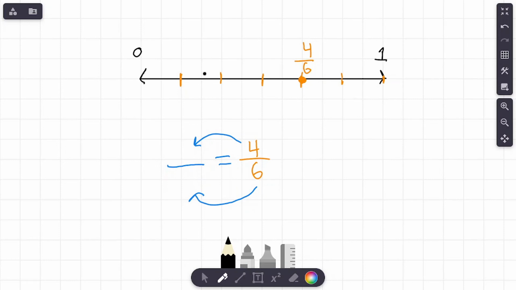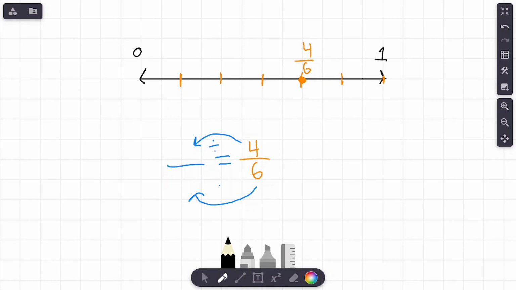So instead of having 6 equal sections, can we create an equivalent fraction that has less than 6 in our denominator? What I mean by that is I want our denominator to be a smaller number than 6. Is that possible? If we're going to do that, that means that we're going to be dividing.